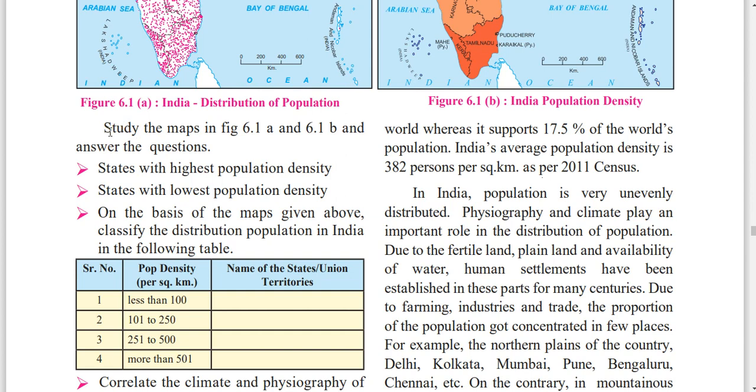Study the maps in figure 6.1a and 6.1b and answer the questions. States with highest population density, states with lowest population density. On the basis of the maps given above, classify the distribution of population in India in the following table.